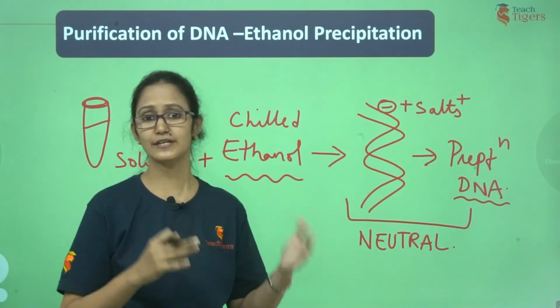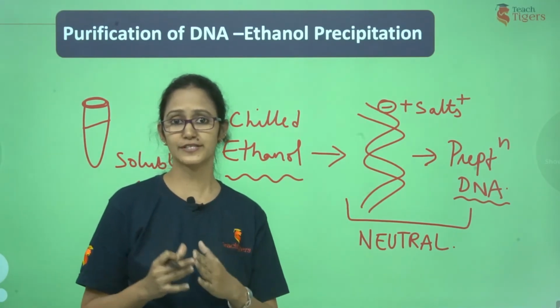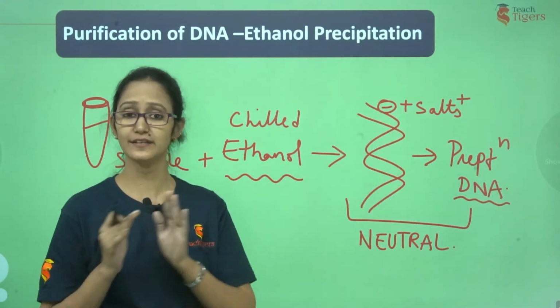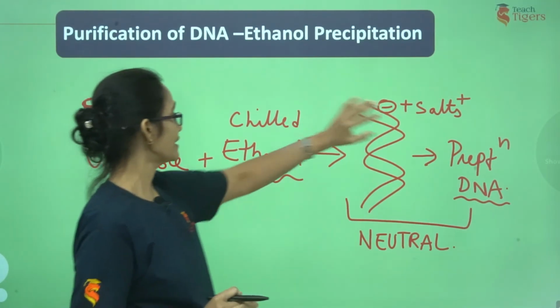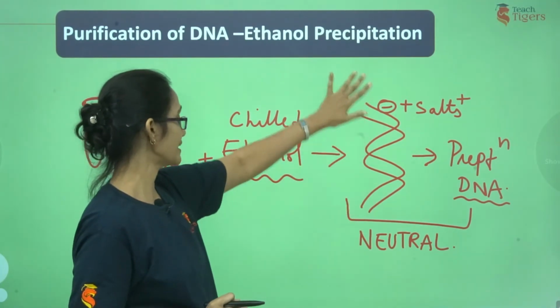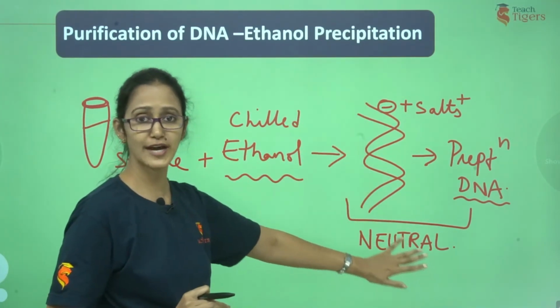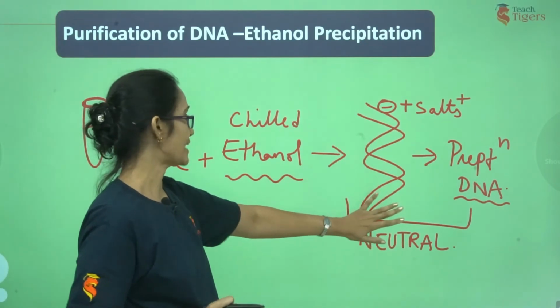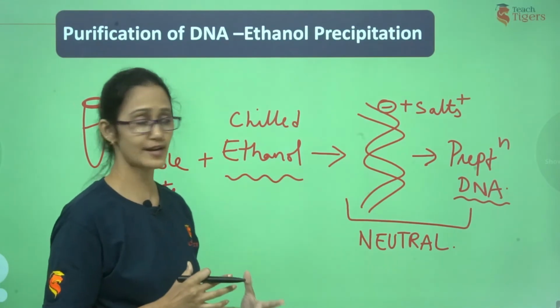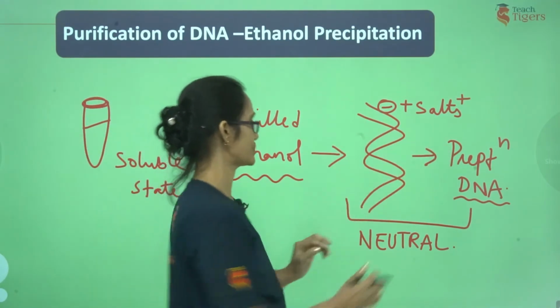By addition of chilled ethanol, the cationic salts started interacting. Ethanol will promote the interaction between the salts and the DNA. Now because the cationic salts are interacting with the negatively charged DNA, the whole DNA became neutral. It has no charge. In an uncharged state, in a neutral state, the DNA is no more soluble in that extract, and so it turned into a precipitate.